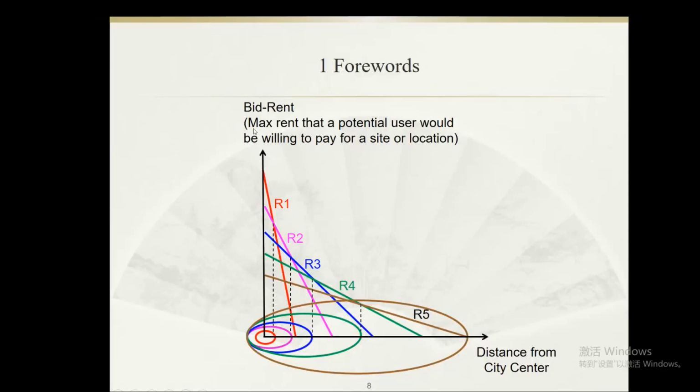Bid rent means the maximum rent that a potential user will be willing to pay for a site or location. Or you can regard it as the rent of your house. Within different distances, the price and the distance follow different lines.